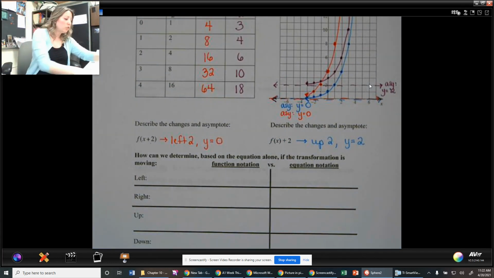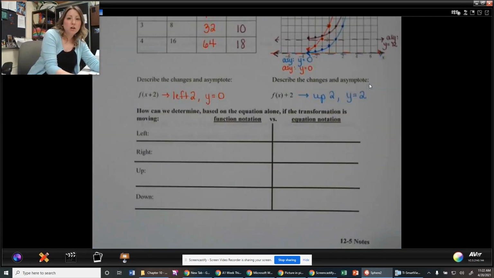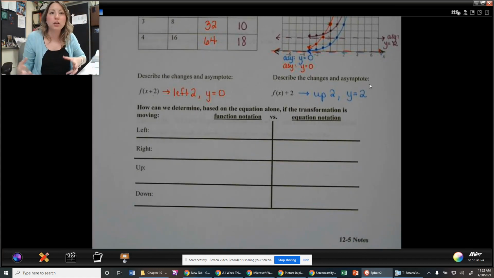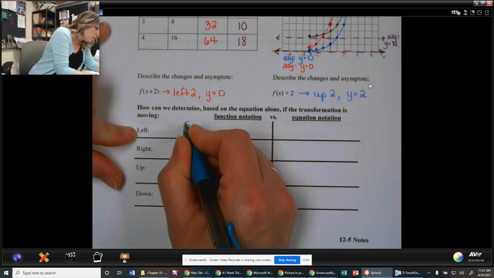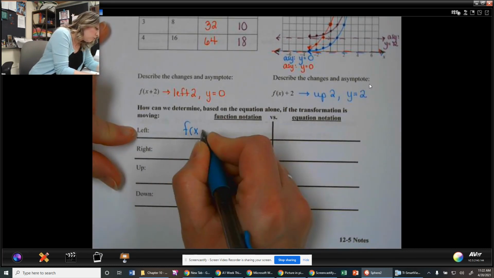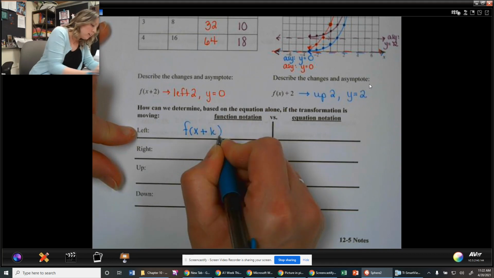Okay? So we're going to look at what the general function notation would look like versus what the equation will actually translate to. So if you're looking at the function notation to move left, you take f of x and you add, we're going to call it k, as our value.